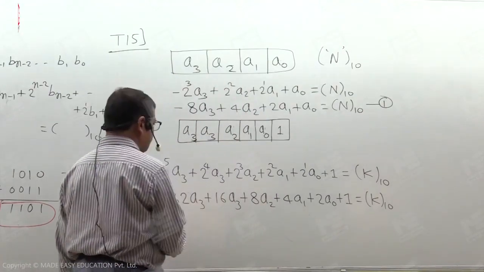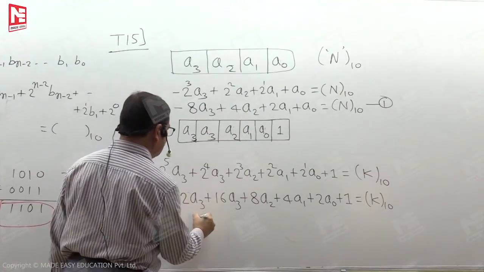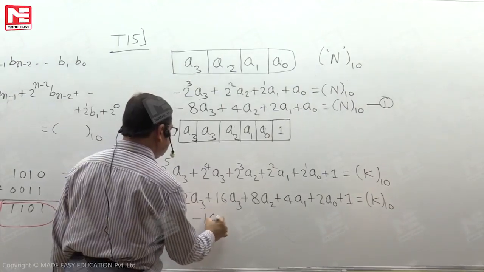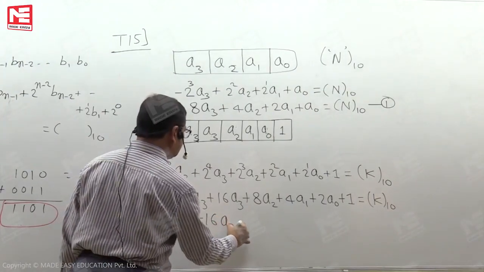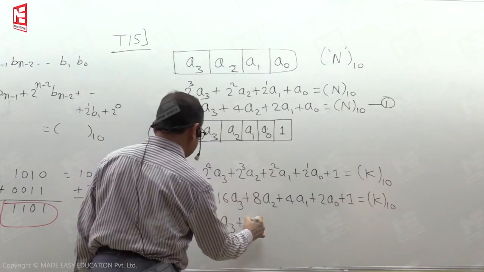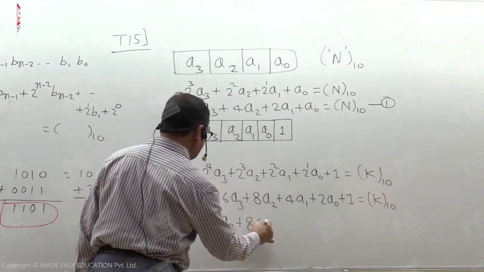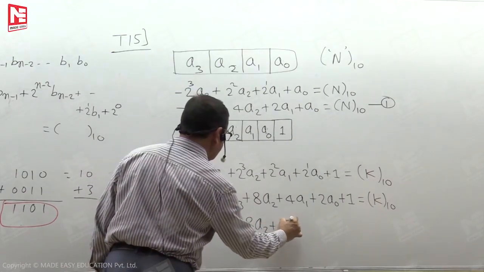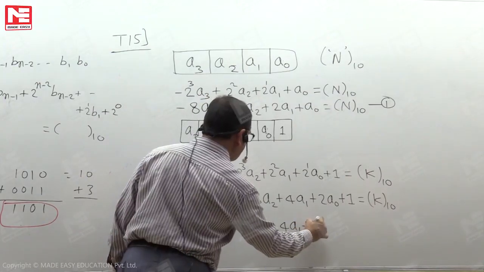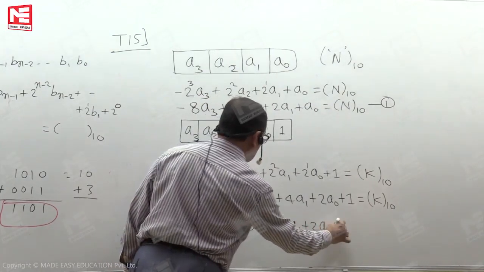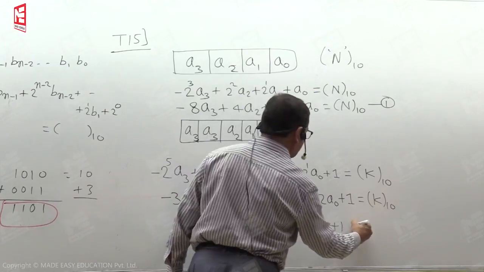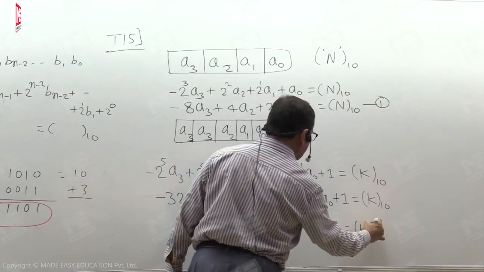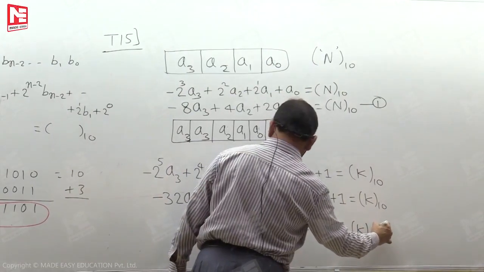And we have further manipulation possible here: minus 16 A3, plus 8 A2, plus 4 A1, plus 2 A0, plus 1, is equal to k.